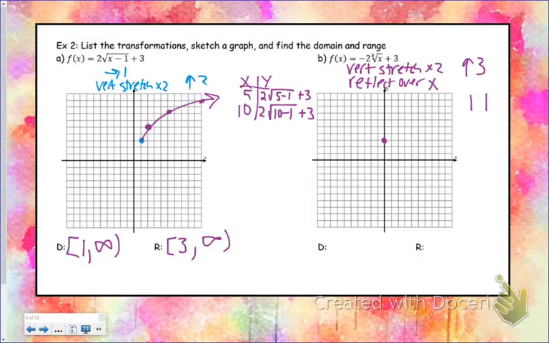What that's going to do is take my y coordinate, multiply by a negative 2, and then add 3. So 1 times negative 2 plus 3. We'll put this point at 1, 1.